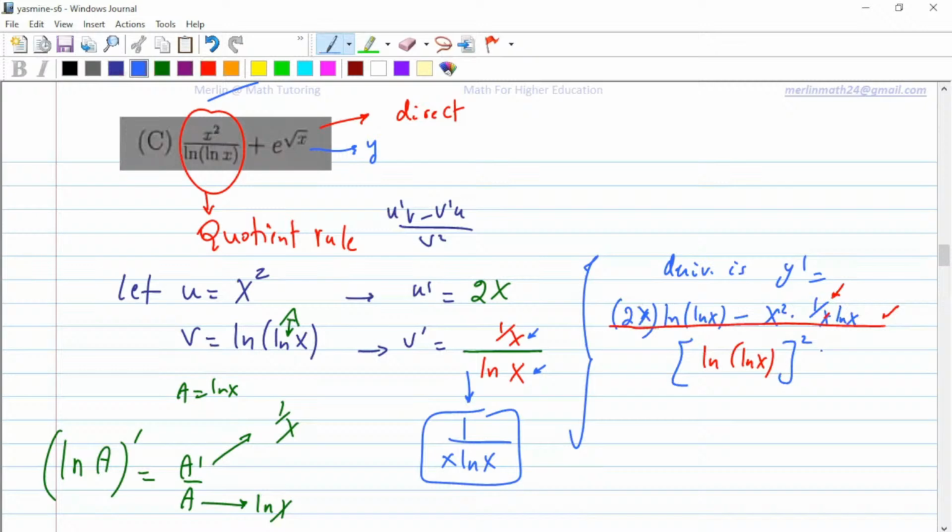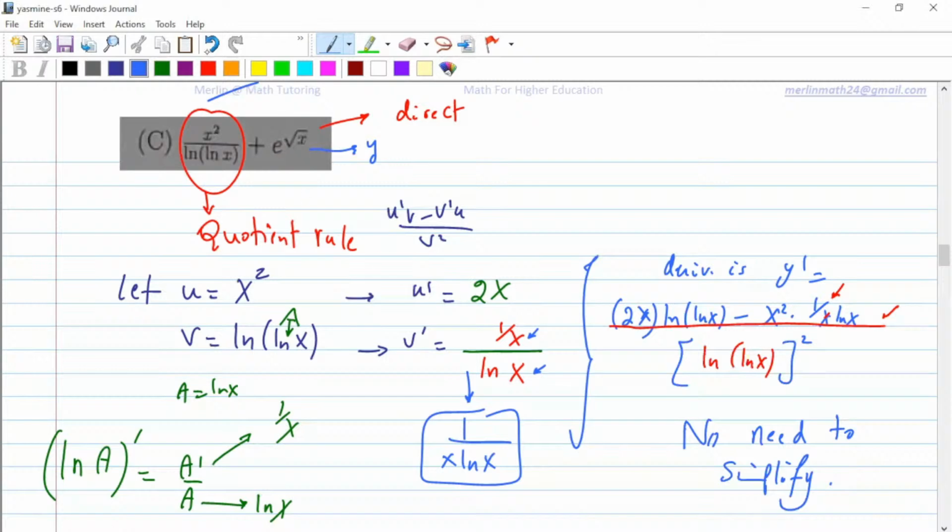This is your answer. No need to simplify. Again, in science courses, but your course is business calculus, so no need to simplify.